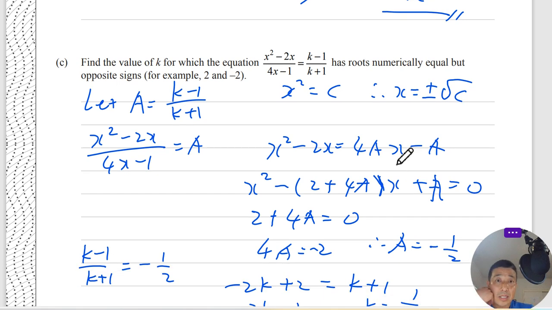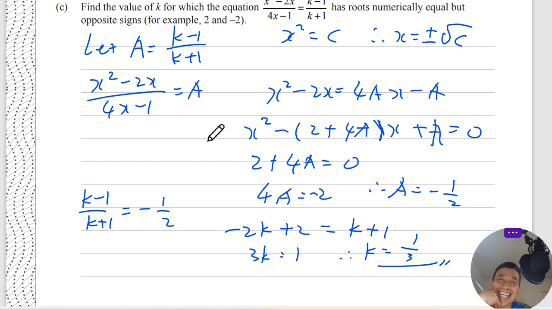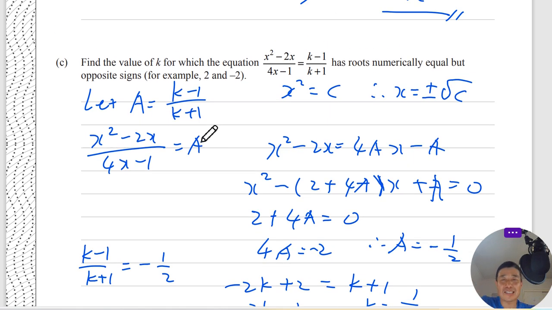This question C has numerically equal but opposite signs. To be honest, this question took me a while. But it's a good question. I liked it. But what I did is, k minus 1 over k plus 1.